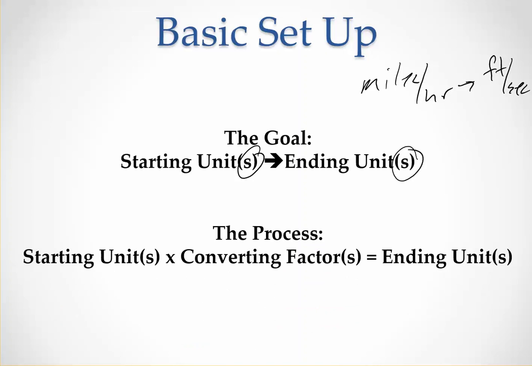The process is to recognize where we're starting, so we might be at miles per hour, then multiply a series of conversion factors, and finally get to our ending unit or units. You'll know you're there when everything has canceled out and you're left with the units that you want.